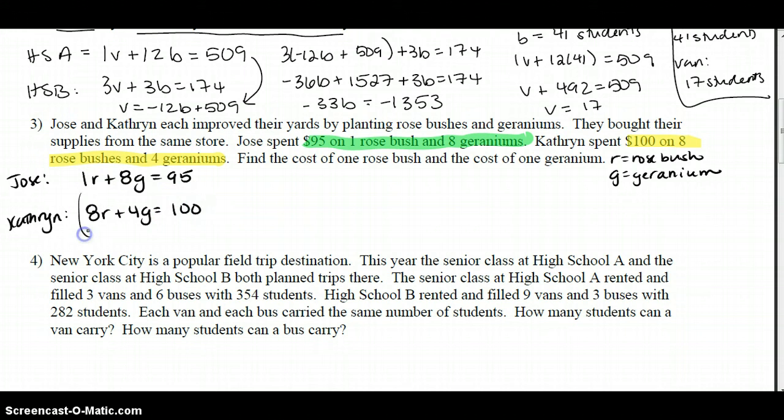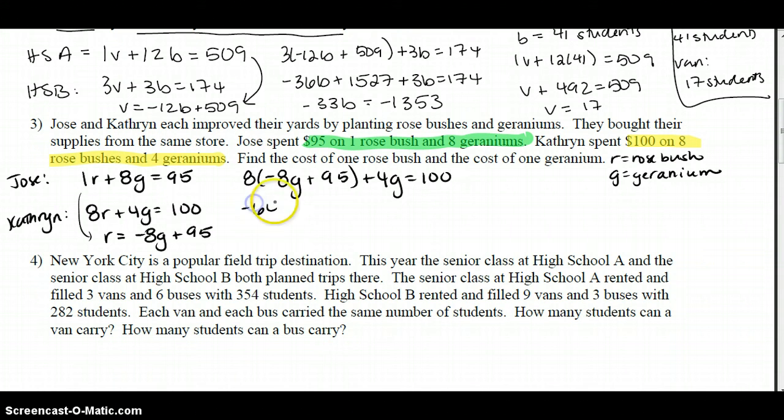Let's isolate a variable. So we get R to equal negative 8G plus 95. And then let's substitute. 8, and then in parentheses, negative 8G plus 95 plus 4G equals 100. So notice that we're using the same stuff that we did yesterday. It's just that now you have to set up the problem.